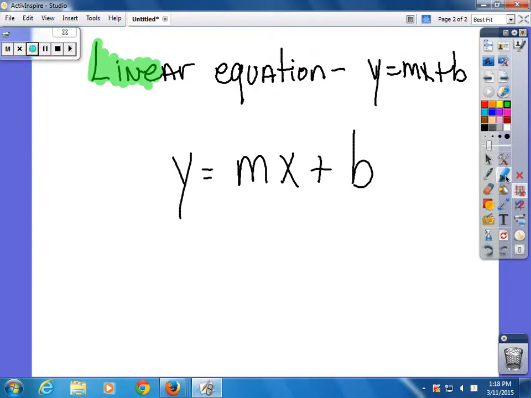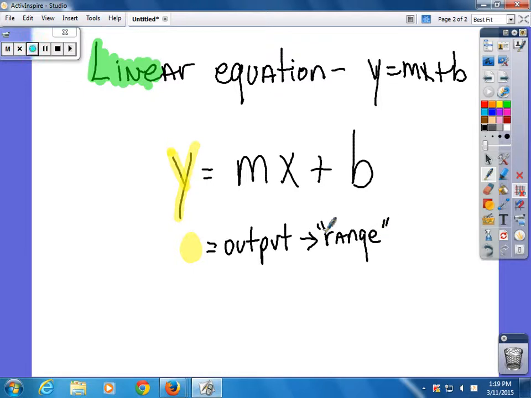I'm going to take this highlighter and I'm going to highlight the y. Y is your output. It represents the range. The range is the number of values that is generated on the y.